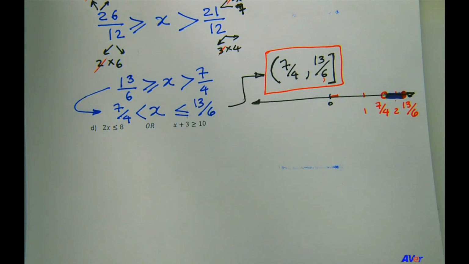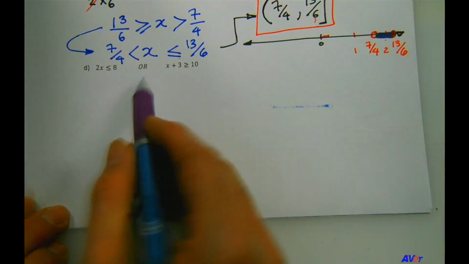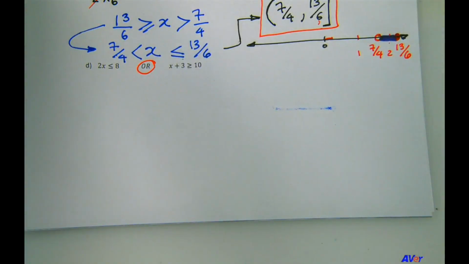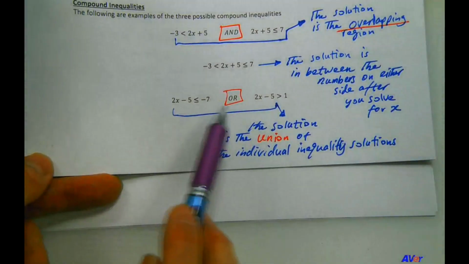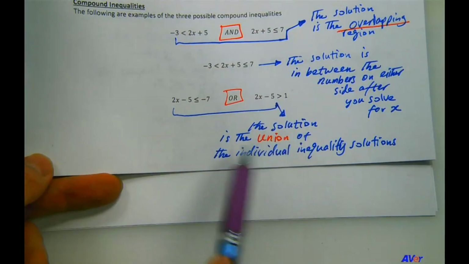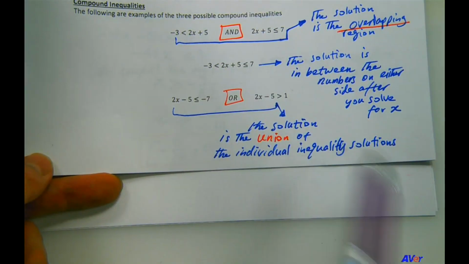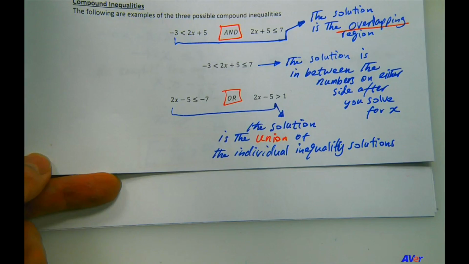Okay? All right. So the next one is another compound inequality of the OR kind. Let's look back at the first page where we talked about this. If you have a compound inequality of the OR kind, the final solution is the union of the individual inequality solutions.